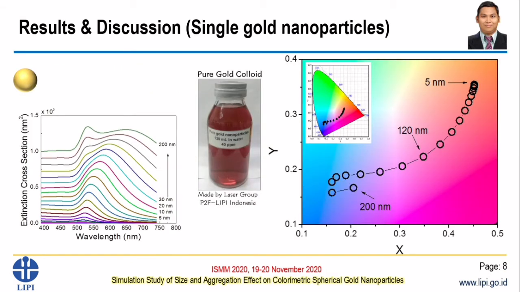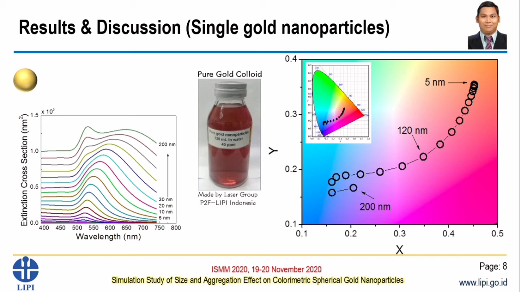First, I will show you the result of spherical single gold nanoparticle simulation from 5 nanometer until 200 nanometer. We can see the extinction curve consists of absorbance and scattering peaks for larger size of gold. The calculated color coordinates are plotted in the color diagram.